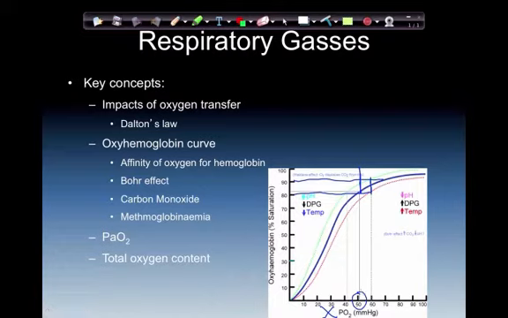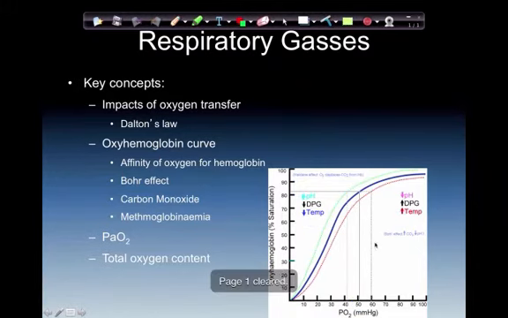Now, certain things in the body make this oxygen hemoglobin dissociation curve either shift to the right or shift to the left. And I'm going to kind of erase this here for a second. So, this is what we're fixing to talk about here down in this section. First, we're going to talk about Dalton's Law.